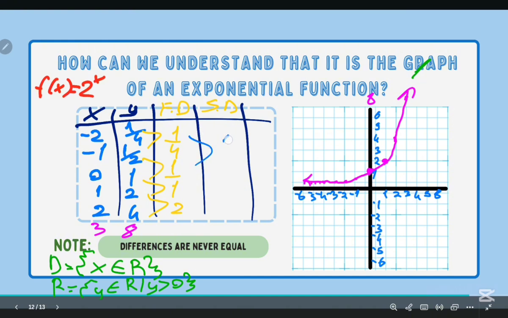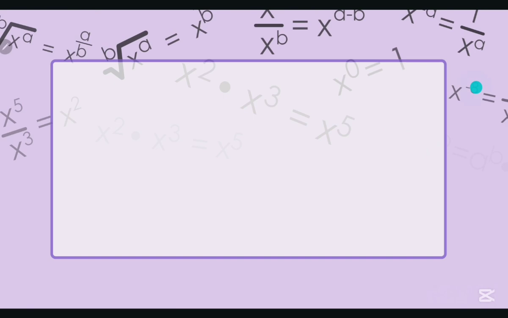It is 1 over 4, this is 1 over 2, this is 1, and it continues. They are not the same again, but for quadratic equations the second differences are equal. So in exponential functions the differences are never equal. That's all for today. Thanks for listening to me.